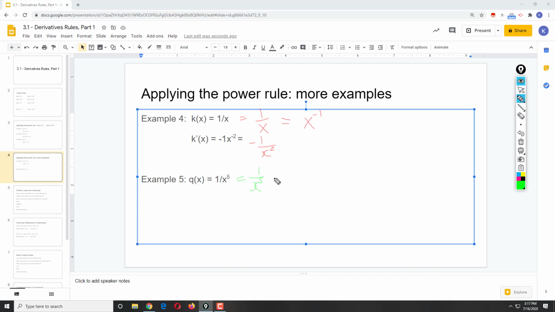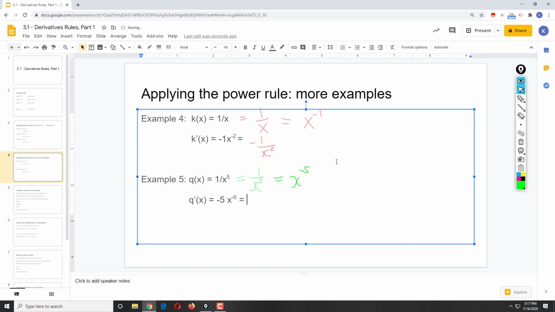Of course, that's the same as x to the negative 5 power. In other words, we know that the derivative q prime of x has to be negative 5x to the negative 6 power, because negative 5 becomes negative 6.